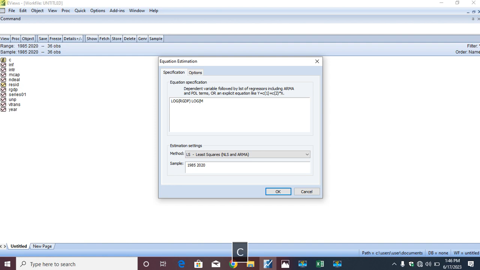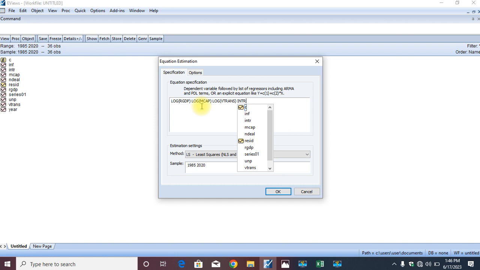Log MCAP, log VTrans. Then we also have interest rate in that model. We now give a space and type in interest rate. Interest rate will not be logged.